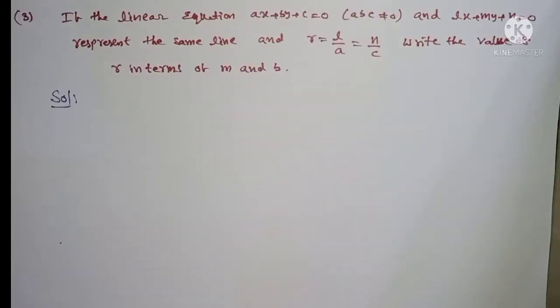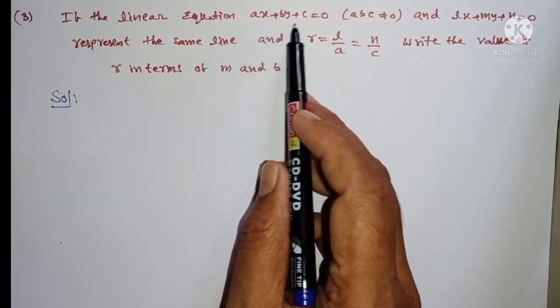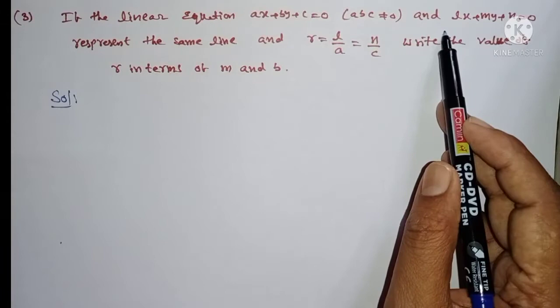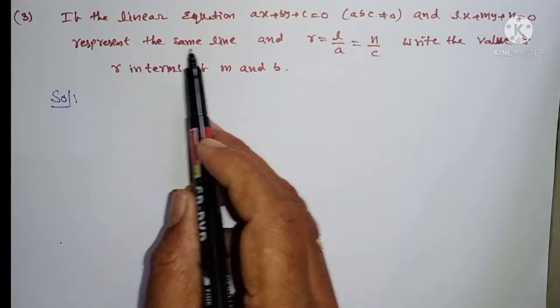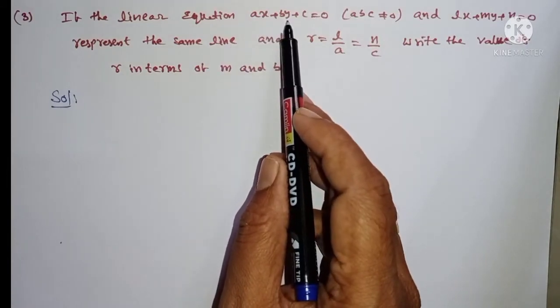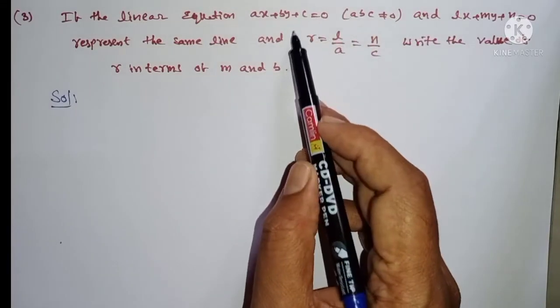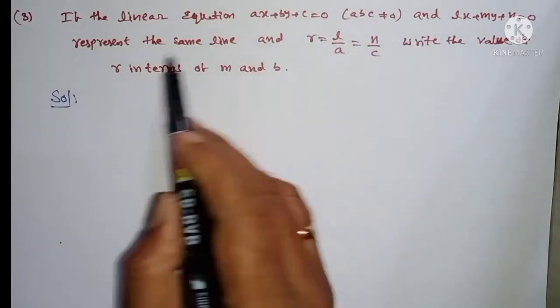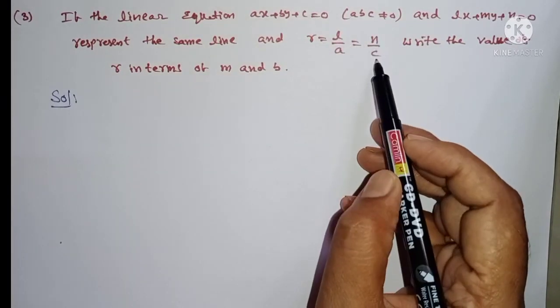Next question. If the linear equations ax plus by plus c is equal to 0 and lx plus my plus n is equal to 0 represent the same line, it means the coefficients of x and y and the constants are in the same ratio, a1 by a2 is equal to b1 by b2 is equal to c1 by c2, and r is equal to l by a is equal to m by b is equal to n by c.